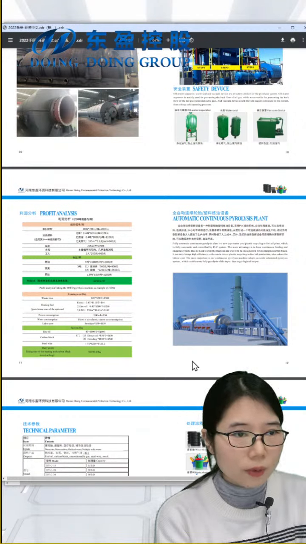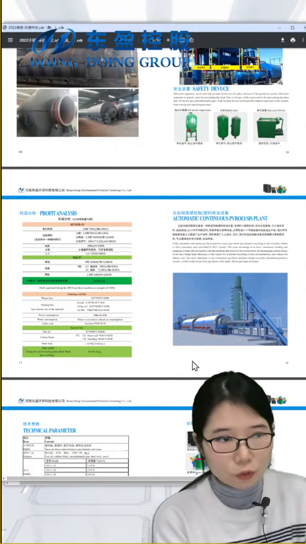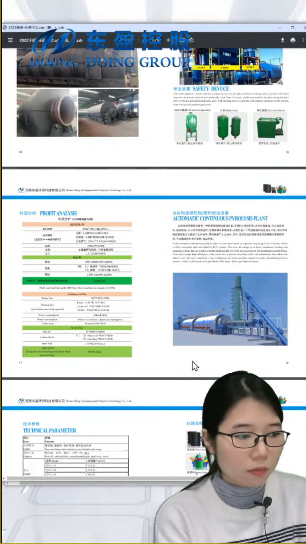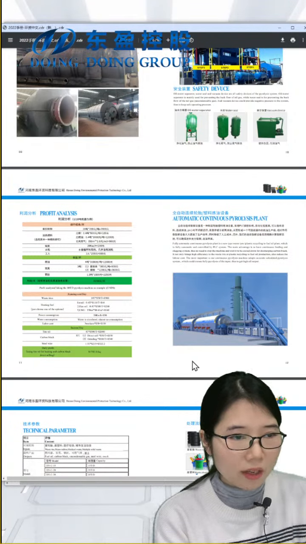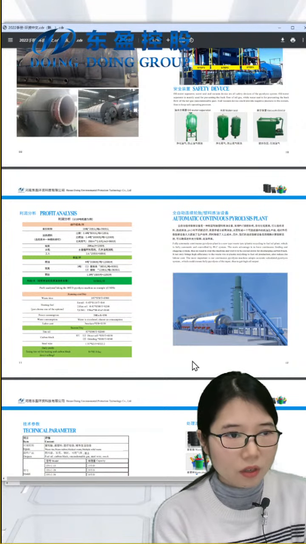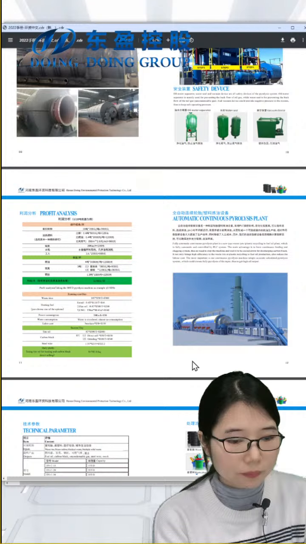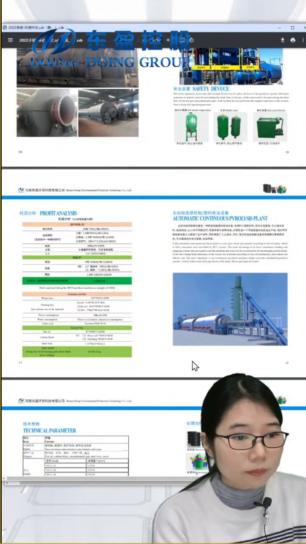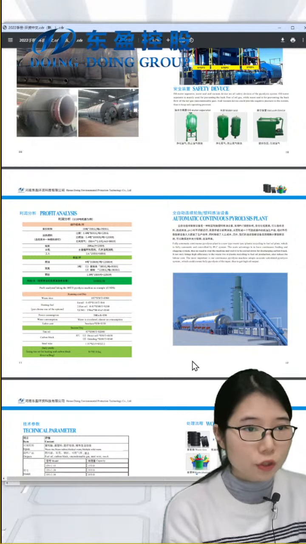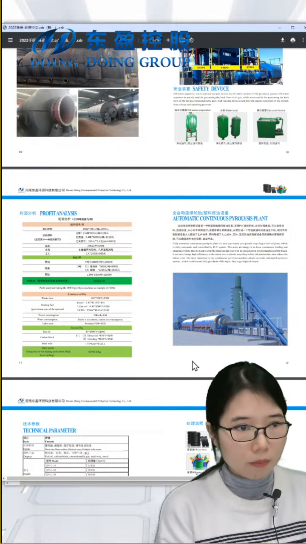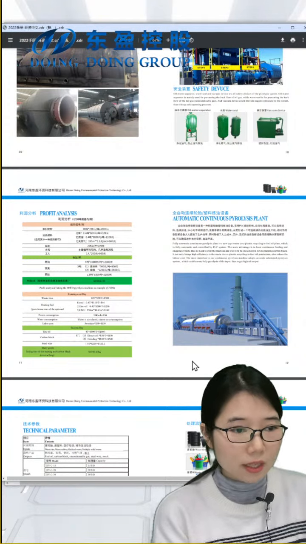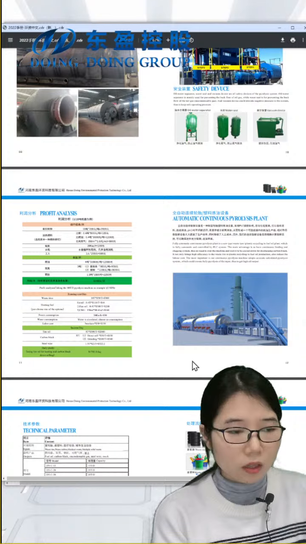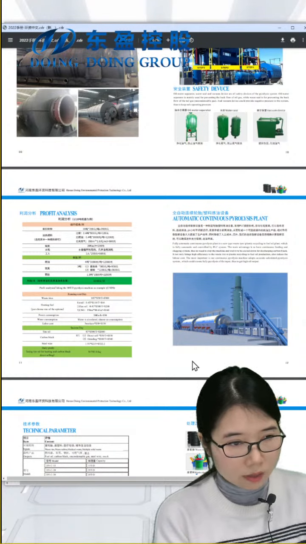This continuous pyrolysis machine is a trend in the future, I believe, because most country governments now encourage people to set up full continuous pyrolysis machines. Because the full continuous pyrolysis machine is safer, more environmentally friendly, and also saves labor.